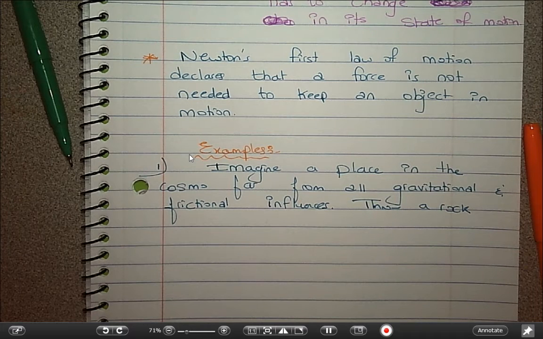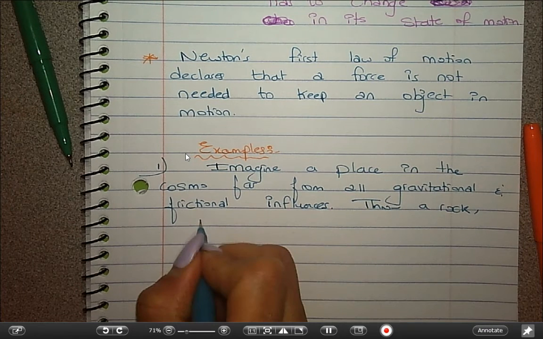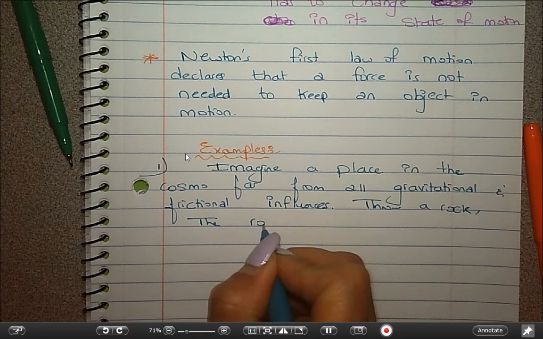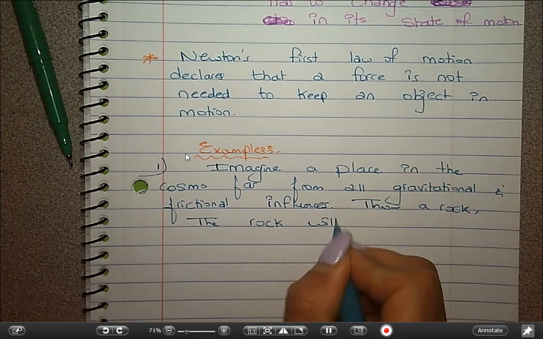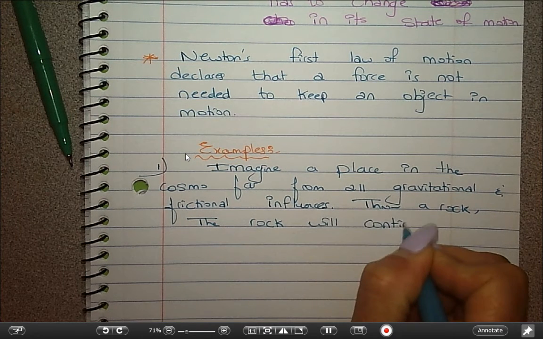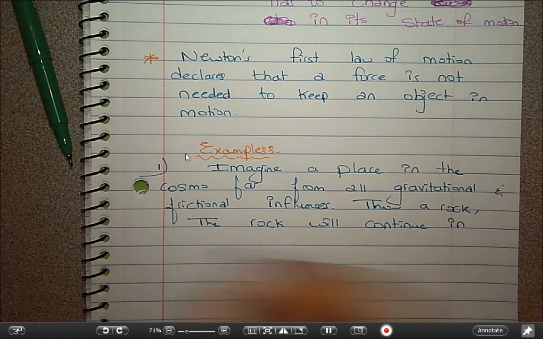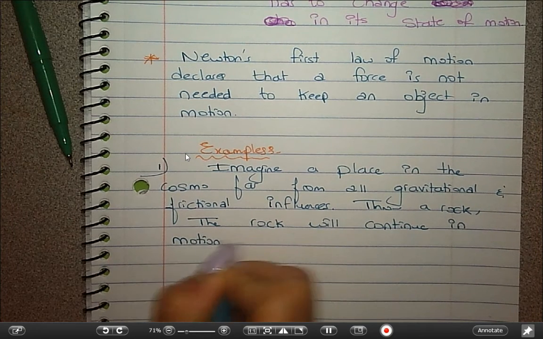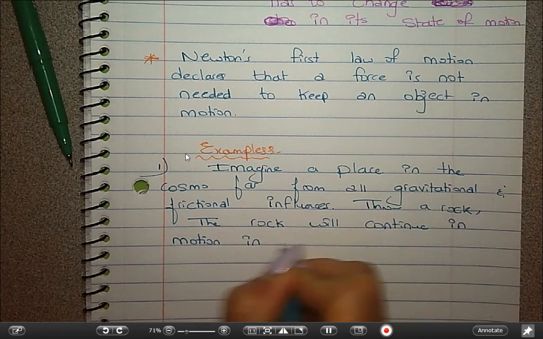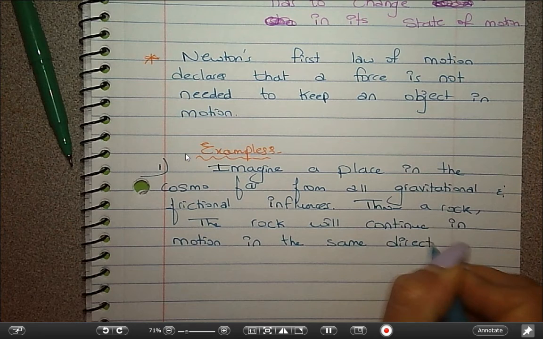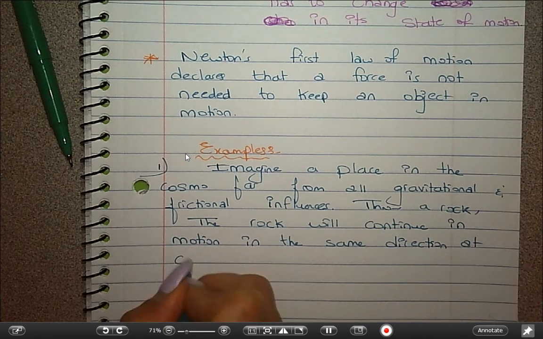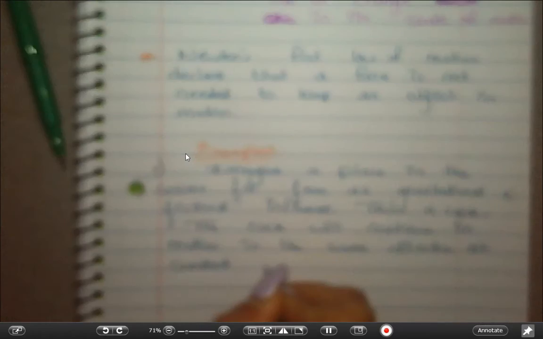What would happen to the rock? So the rock will continue in motion in the same direction at constant speed.